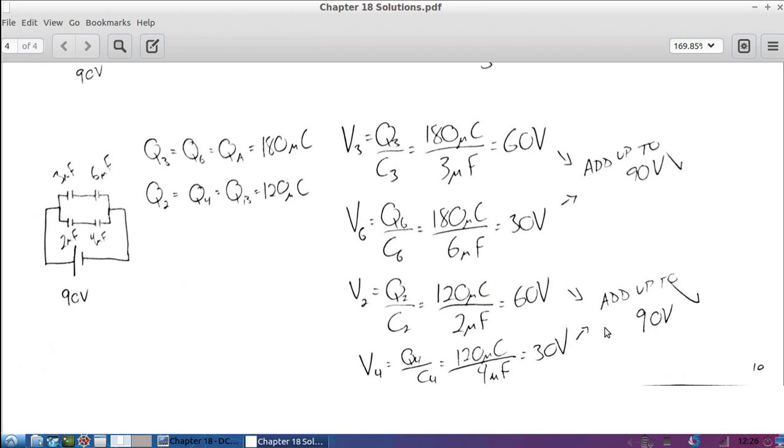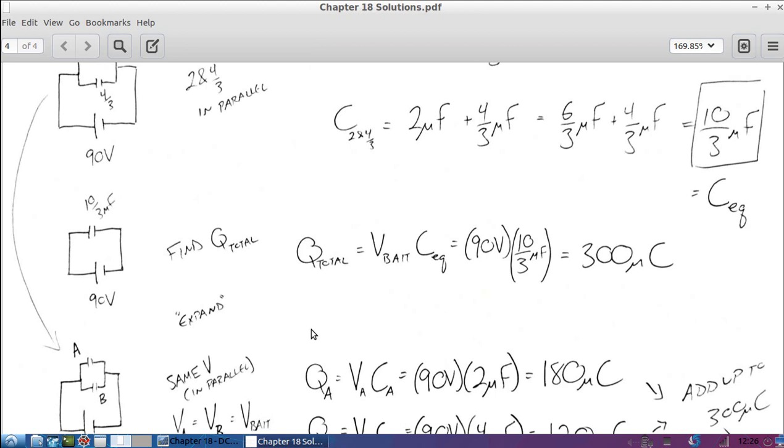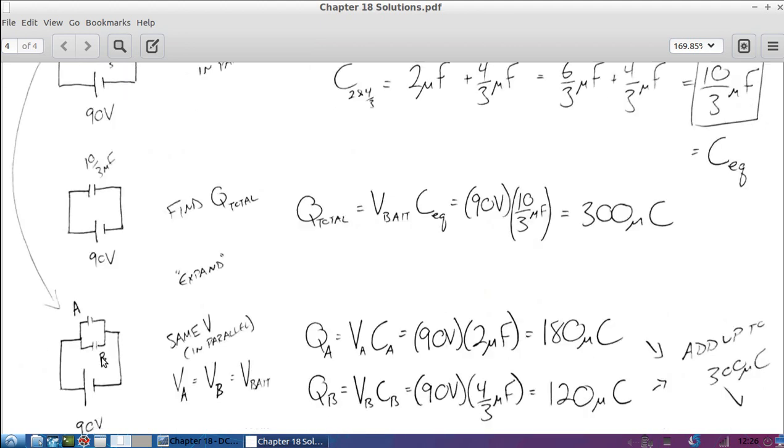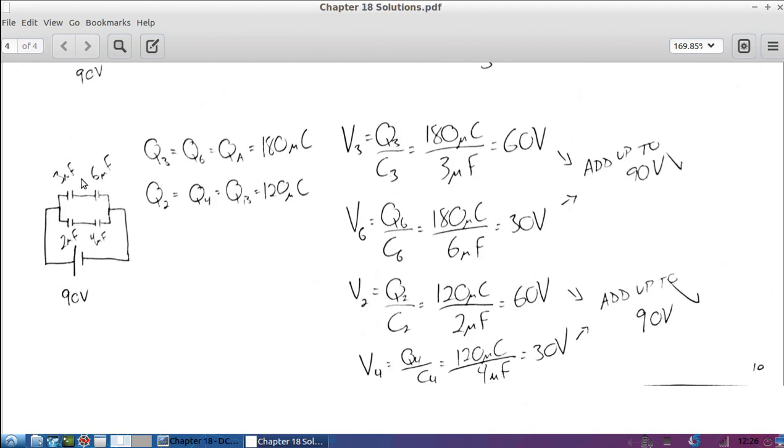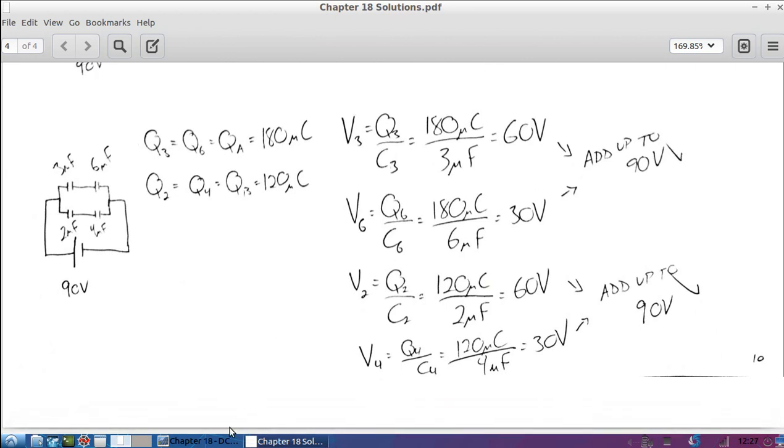Again, the 2 and the 4 also add up to 90 volts, which is the voltage across my B capacitor. 90 volts, 90 volts. Their voltages add up to 90. I'm always checking my work with each step to make sure that I applied my rules correctly, okay?